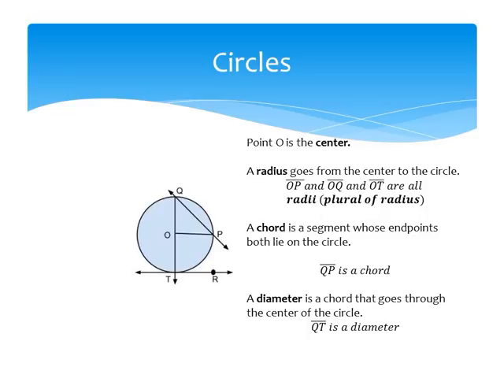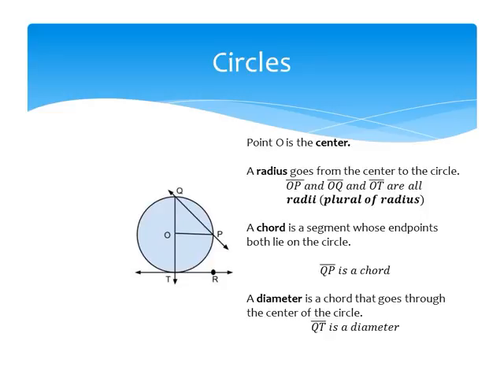Let's talk a little bit about some terminology with circles that you're going to be expected to know. I'm going to go through this terminology and then we'll do some more with it when you come to class. So within a circle, we've got a center. In this particular circle, the center is labeled as point O. A radius of a circle goes from the center of the circle outwards to the circle itself.